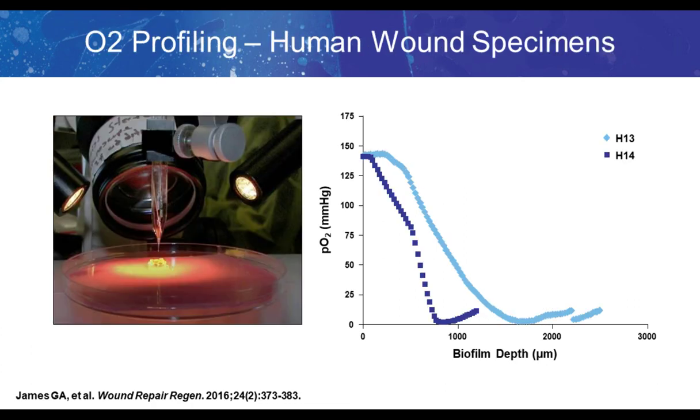And we've done similar experiments with human wounds where we excise a portion of a human wound, we put it on a Petri dish, and we measure that same type of oxygen gradient through the biofilm. So one way that these biofilms can impair wound healing is by consuming oxygen.